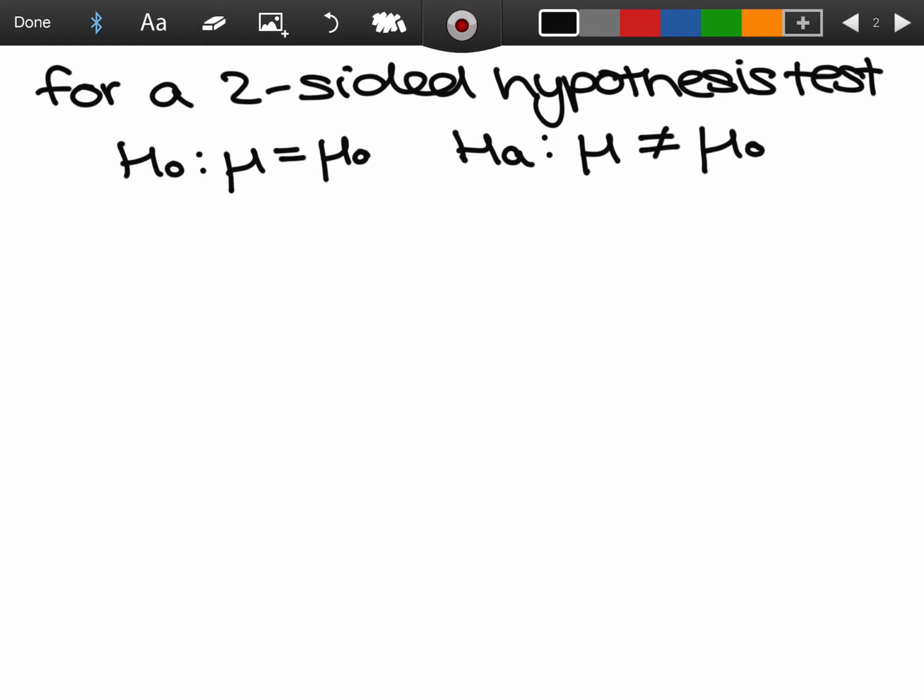So let's say that you want to perform a confidence interval on this. So let's say you want to be 95% confident that that interval will contain the population mean, okay? So for a 95% confidence interval, you are 95% sure that that interval will contain the mean, okay?